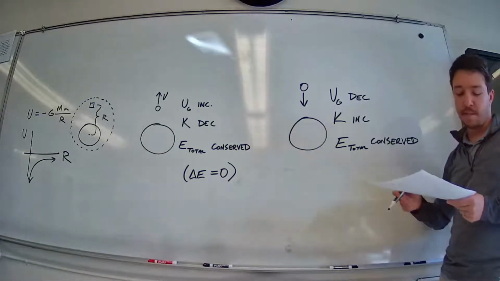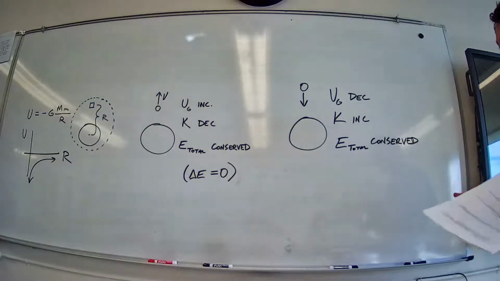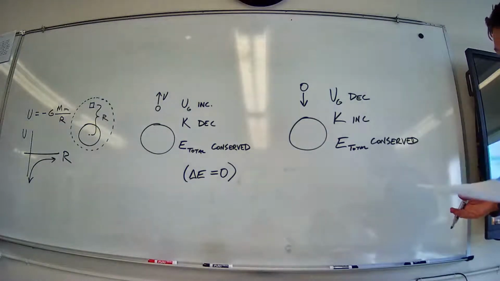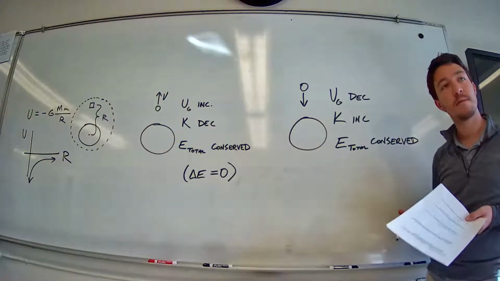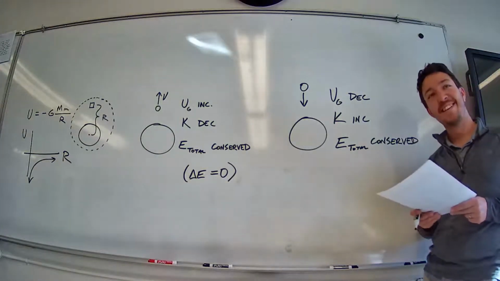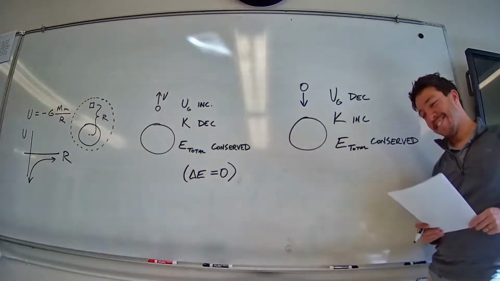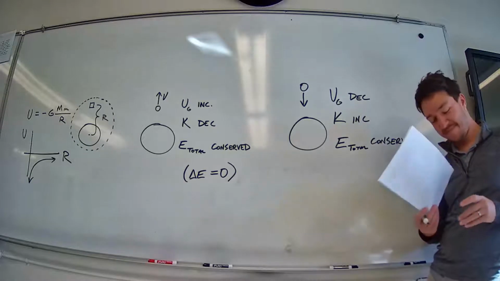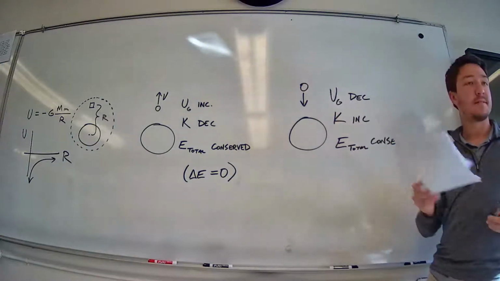And of course, when is the potential energy of the cannonball-Earth system at a maximum? The apotheosis. Precisely. That's a good word. At the peak.